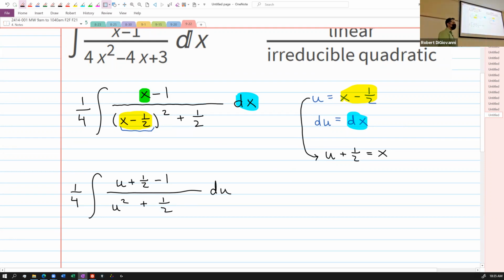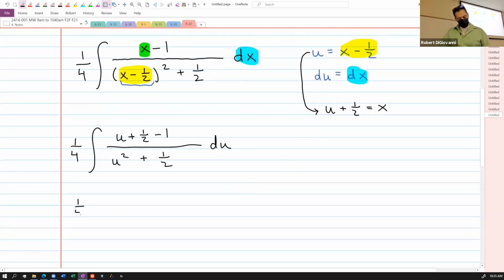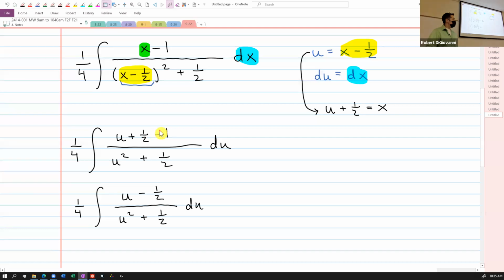Go with me? This becomes 1/4 integral u minus a half over u squared plus a half. All I did there was put the 1/2 minus 1 together, right? Yeah?